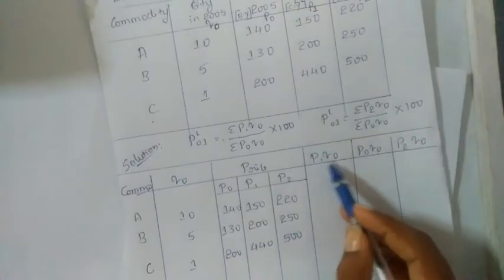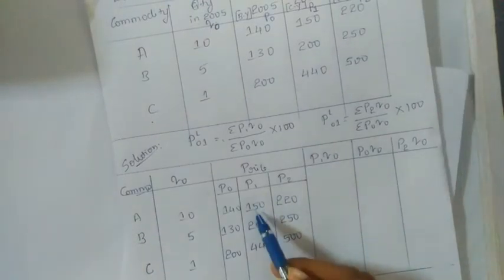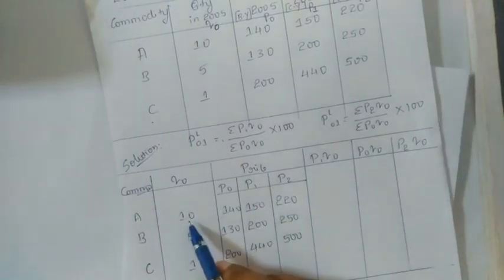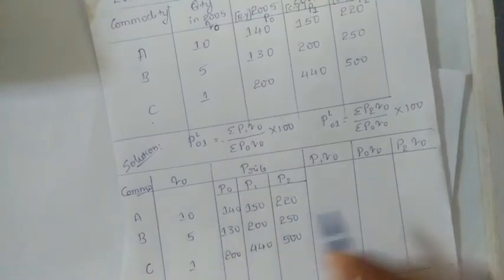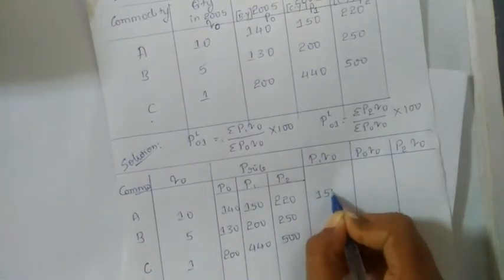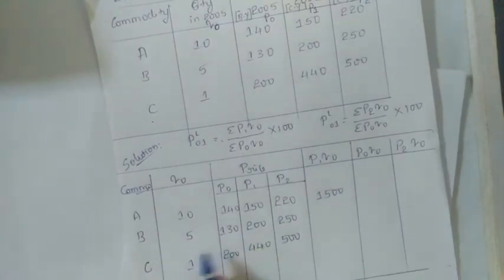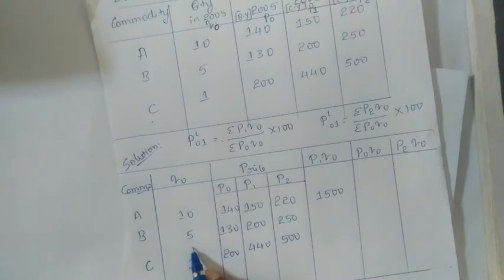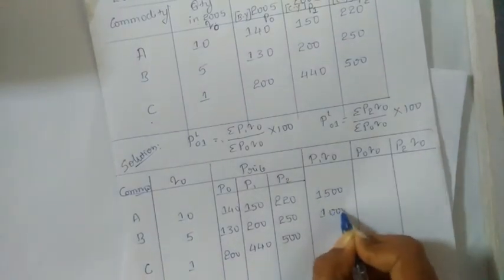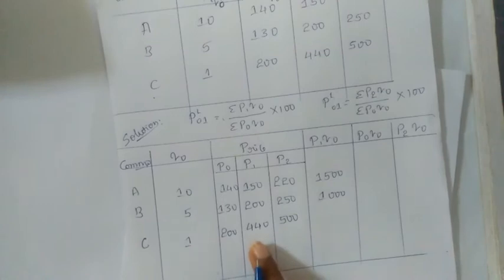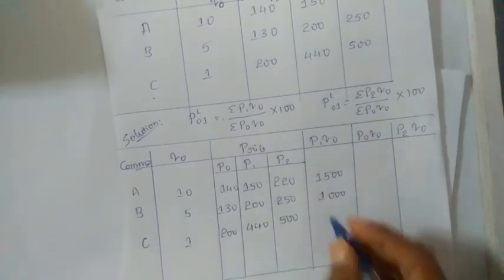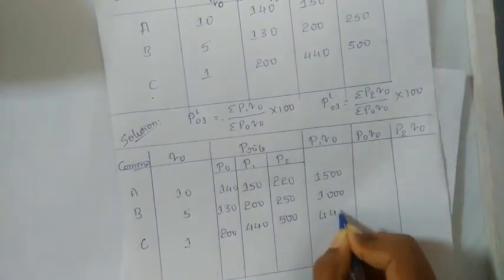Next, identify the P1 Q naught value. P1 is 150, Q naught value is 10. So 150 into 10, that is 1500. Next, 200 into 5, that is 1000. And then 440 into 1, that is 440.